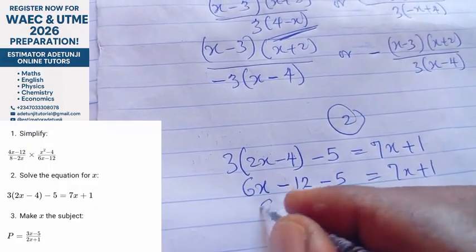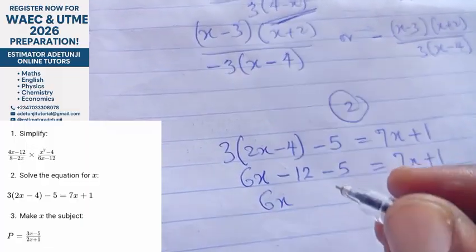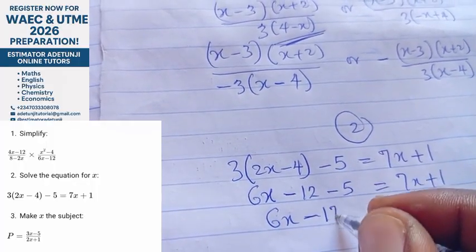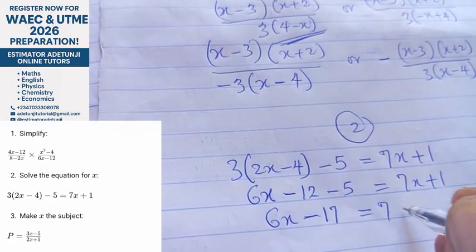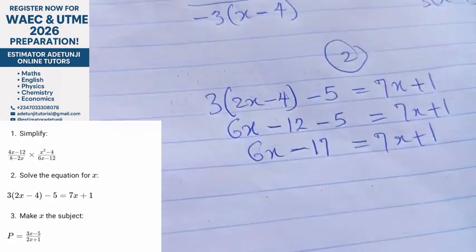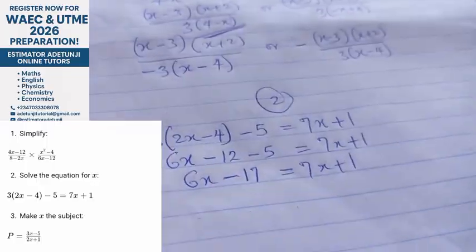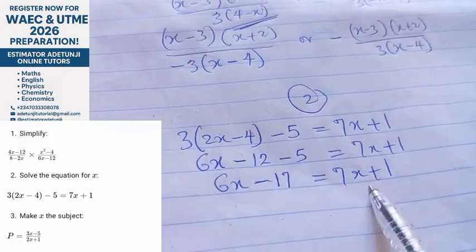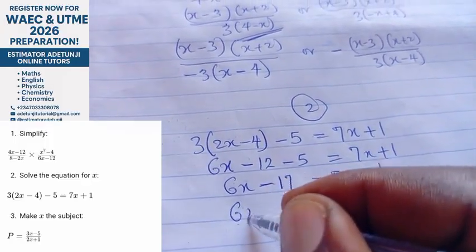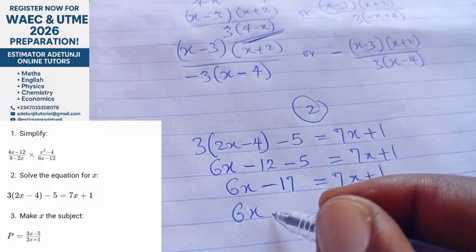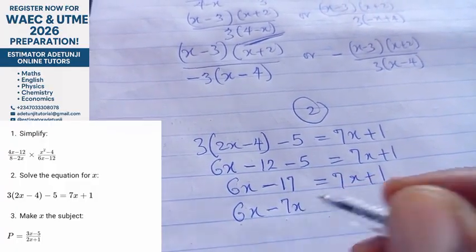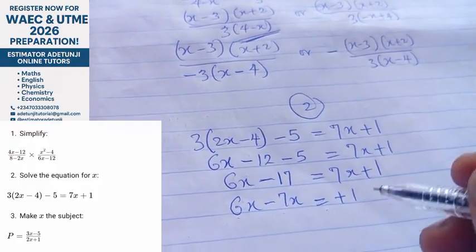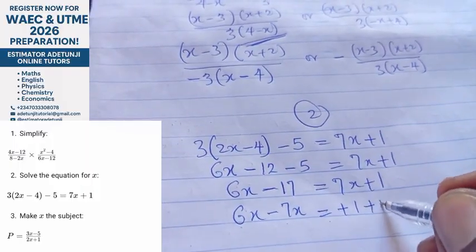I can still have 6x minus 12 minus 5, which will give me minus 17, equals 7x plus 1. The next thing now, we collect our like terms, 6x and 7x. So 6x, 7x comes to this side, the negative sign it carries now, equals positive 1 that we have here, and minus 17 becomes positive 17.